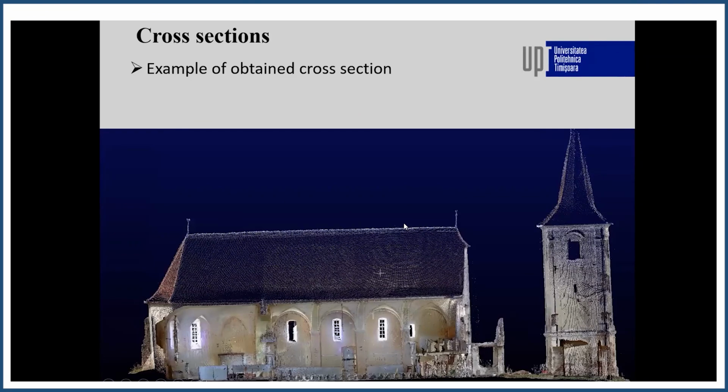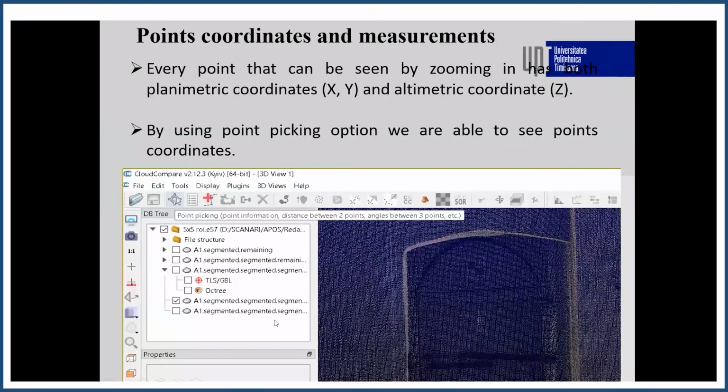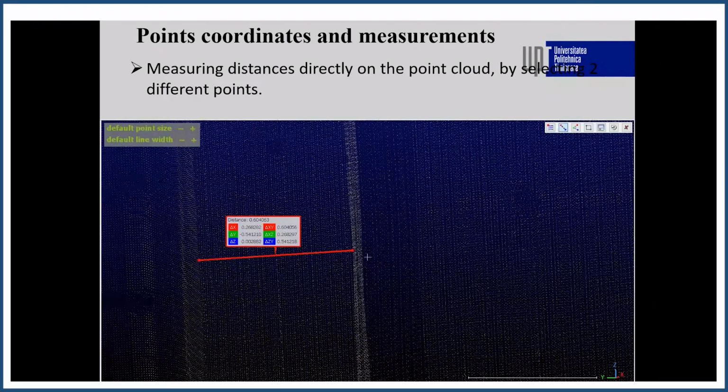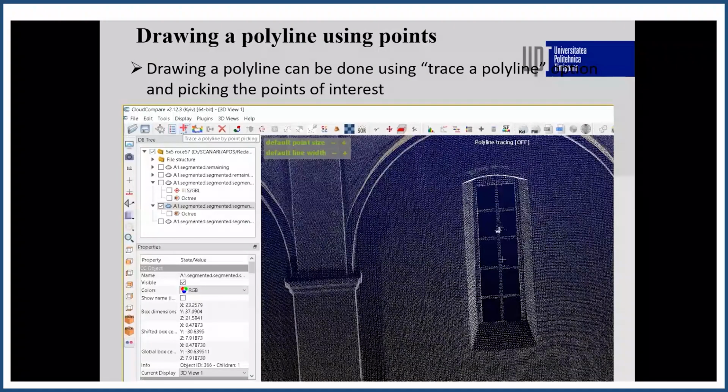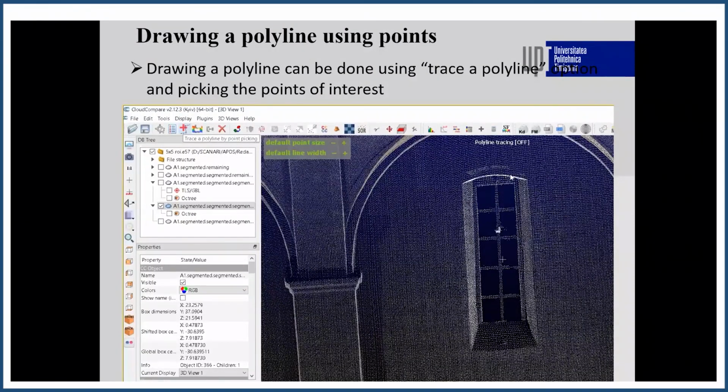We can measure coordinates also, X, Y, Z. We can measure distances here. We can create 3D objects by vectorization process.